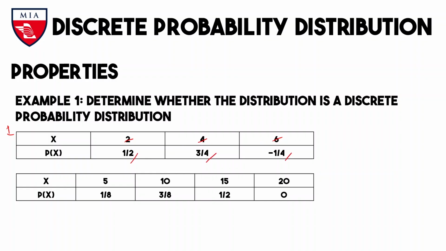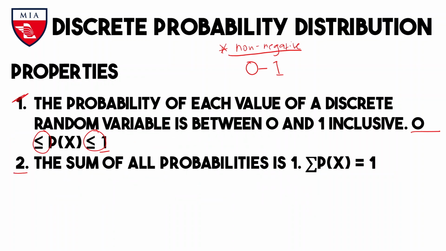Let's observe the table. Look closely: for class 6, the probability is negative 1/4. If we go back to our first property, it says the value should be non-negative.